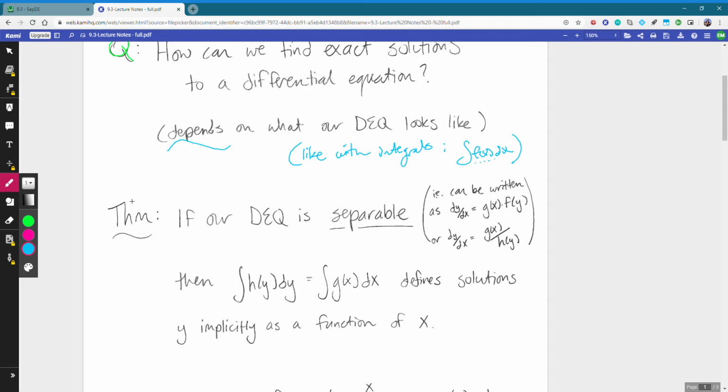If our differential equation is separable, and here's what that means, essentially, in English, we can somehow separate the x and y stuff using multiplication and division.